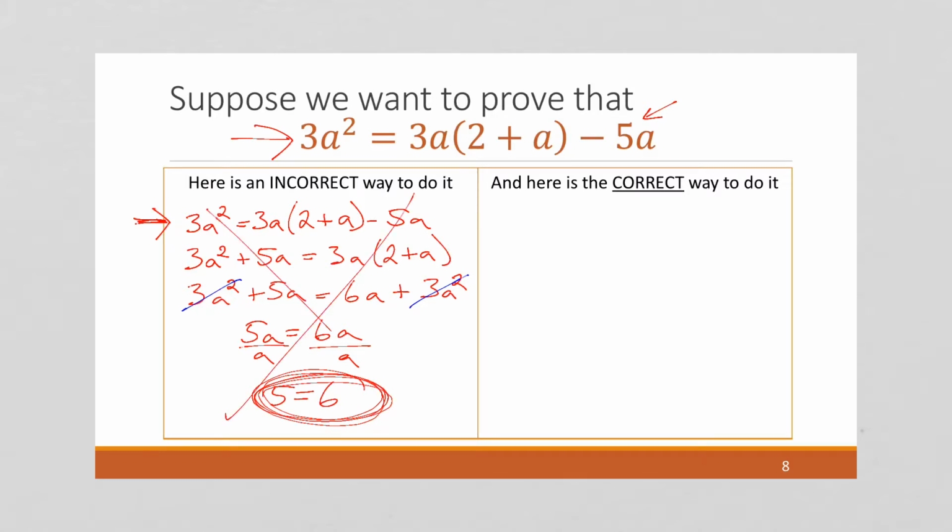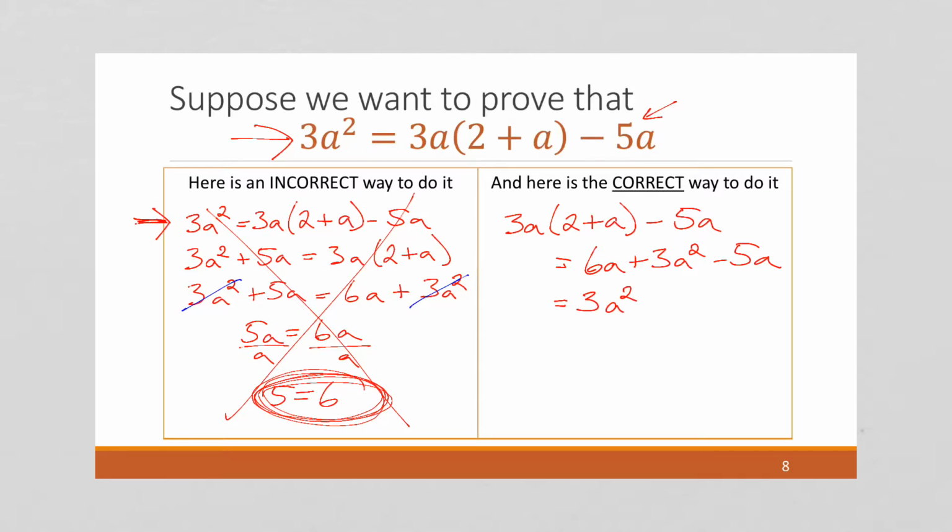This is bad. The correct way to do this is, again, I'm going to start with one side of the equation. So I'm going to start with the more complicated side, just because I find that tends to be easier for me, but you can choose either side. And then I'm going to try to manipulate this to look like what we want.